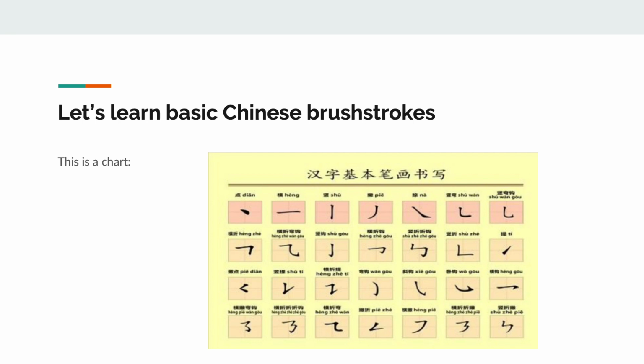Dian, heng, shu, pie, na, shu wan gou, heng zhe wan gou, shu gou, heng zhe gou, shu zhe gou, shu zhe, ti, pie dian, shu ti, heng zhe ti, wan gou, xie gou, wo gou, heng gou, heng pie wan gou, heng zhe zhe gou, heng zhe wan, pie zhe, heng pie, heng zhe pie, shu zhe pie.